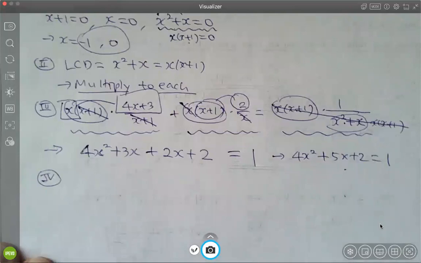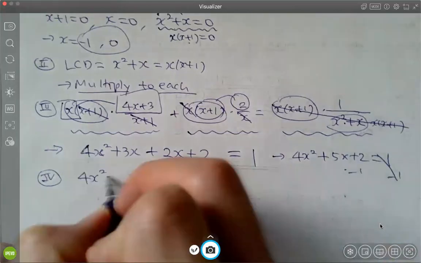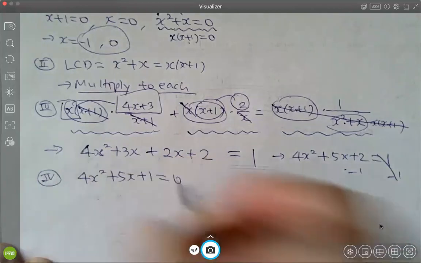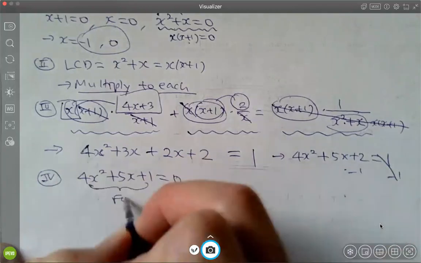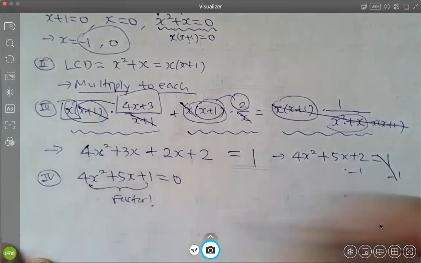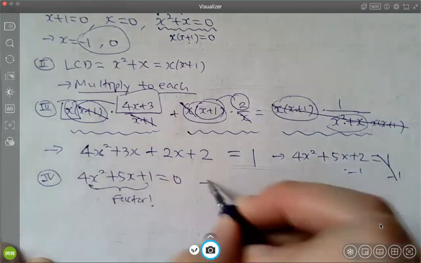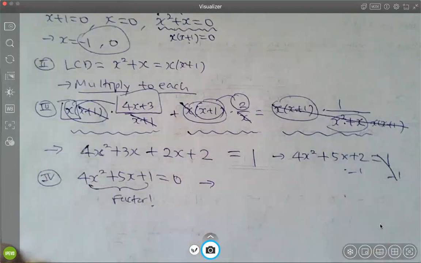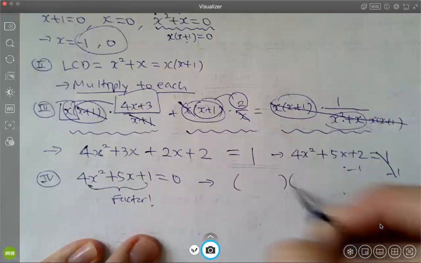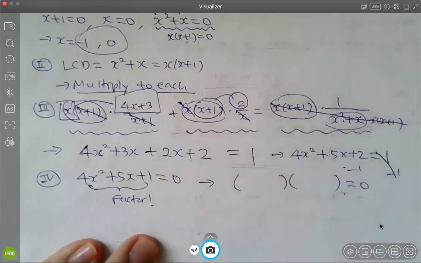So minus 1, minus 1. So 4x squared plus 5x plus 1 is equal to 0. And now, the factorization of this is just a tad easier than the previous problem, or part A. So here, can you see what the two factors should be?